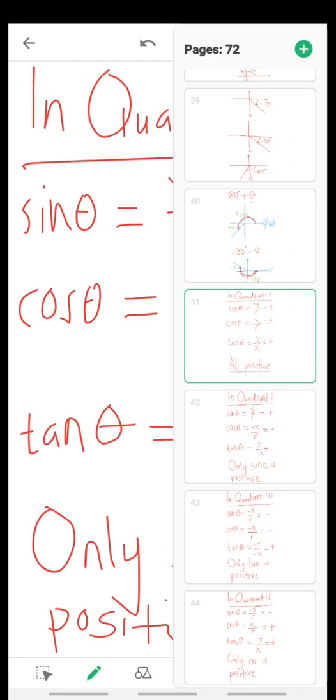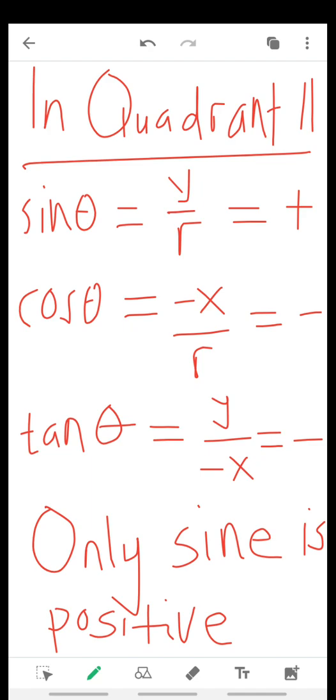All right? And then in the second quadrant, what is happening? We look at the x and the y-axis in the second quadrant. In relation to the trig ratios sine, cos, tan, only sine is positive in the second quadrant. Meaning when I divide the x, the y and the r in the second quadrant, only sine became positive.